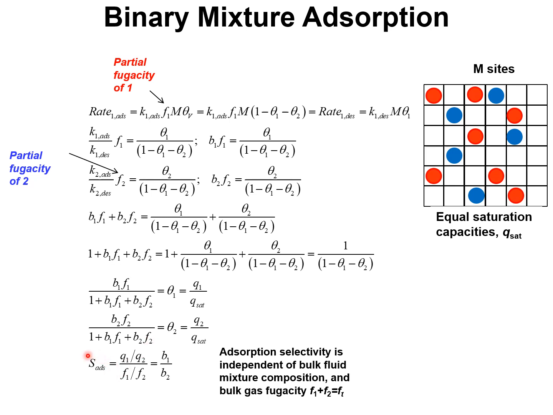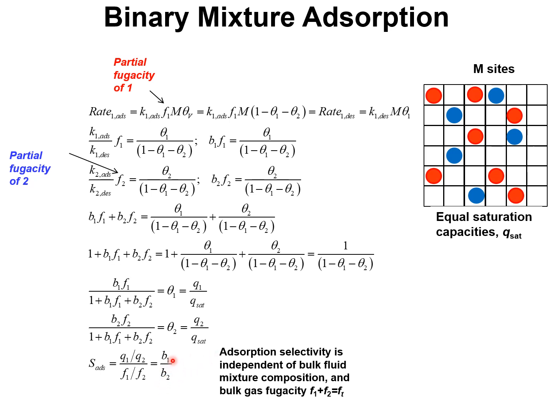We define the adsorption selectivity as the ratio of the component loadings of 1 with respect to 2 divided by the ratio of the partial fugacities of components 1 to that of component 2.